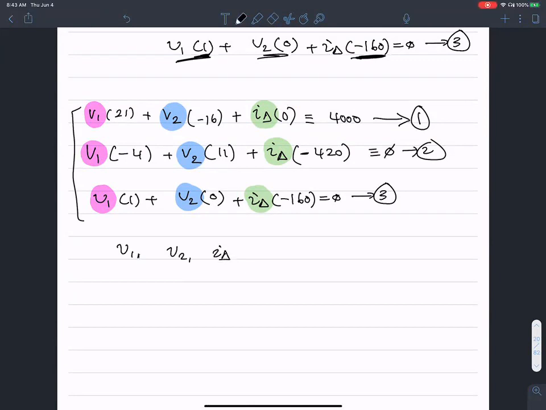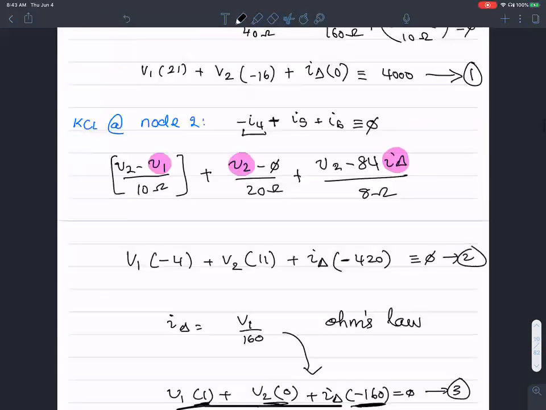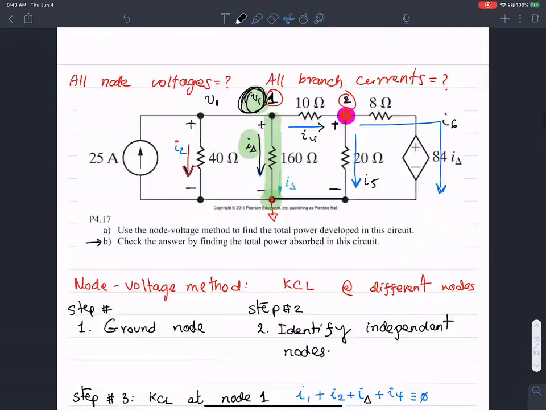Once you have those values, it should be a straightforward exercise to calculate the current through each of these resistances. For example, for the current through the 20 ohm resistance, I would simply do V2 minus 0 over 20. That will give me the current in the 20 ohm resistance.